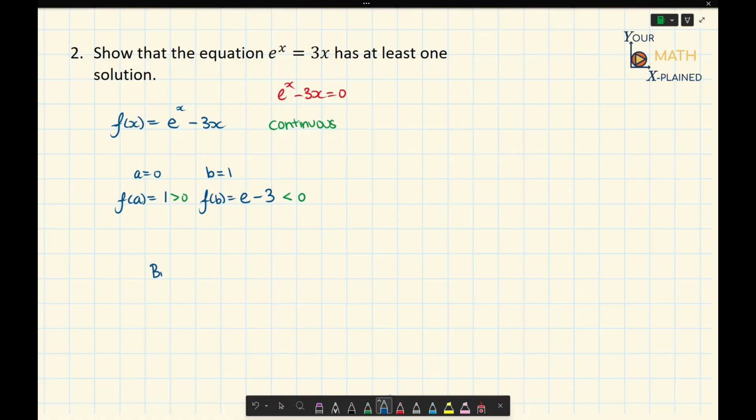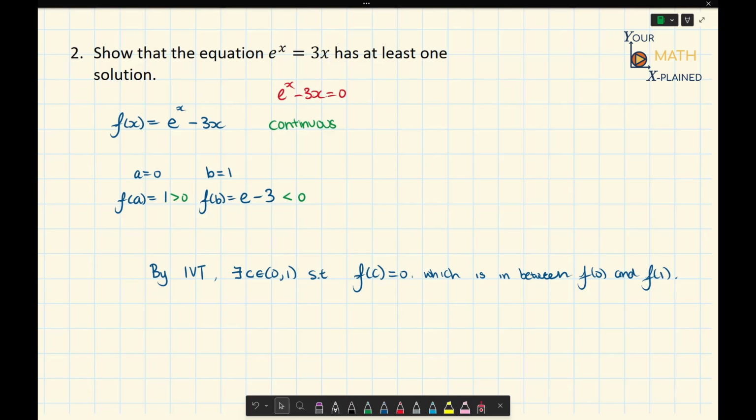And now we can say that by the intermediate value theorem, there exists, so this little backwards e here means there exists, a value c that is in the interval 0 to 1, such that f of c is equal to 0, which is in between f of a, or f of 0, and f of 1.